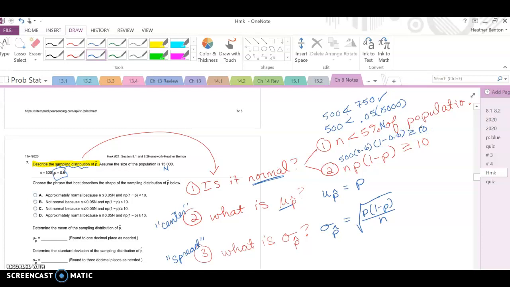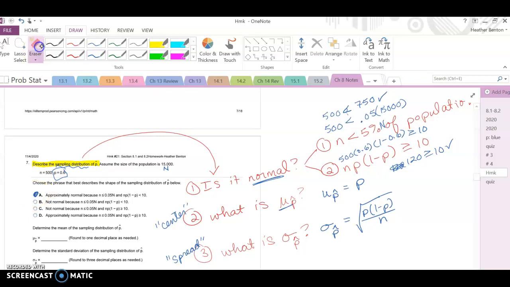We put that in our calculator, 500 times 0.6 times 0.4. And that's 120, so that's definitely greater than or equal to 10, so we're good there.